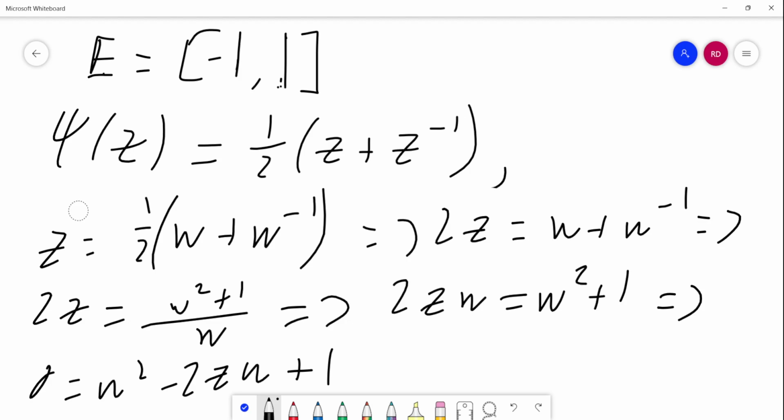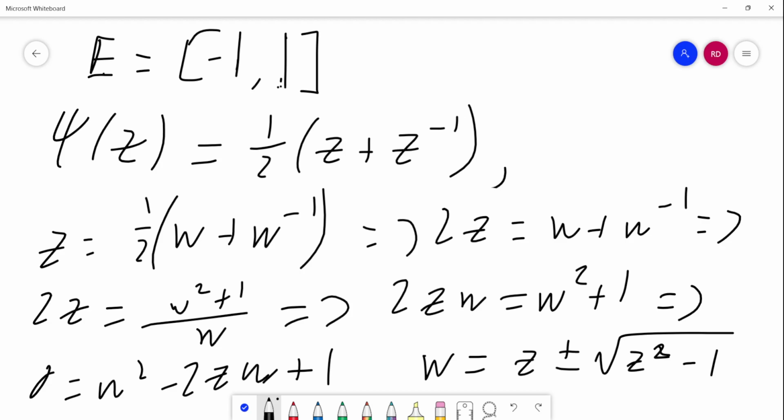Now this is a quadratic equation, so we just use the quadratic formula here and say w is z, I'll trust you can work the quadratic formula on, plus or minus the square root of z squared minus 1.